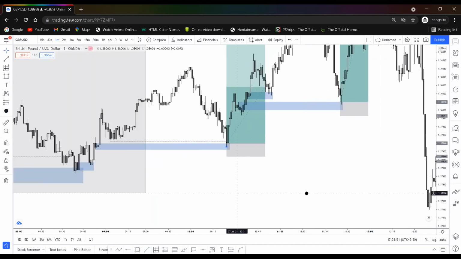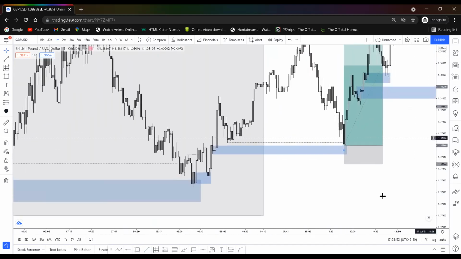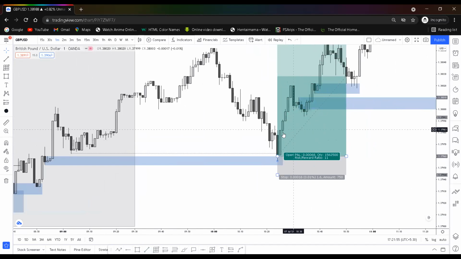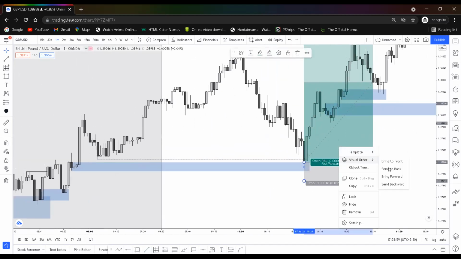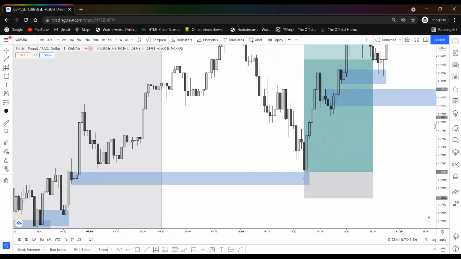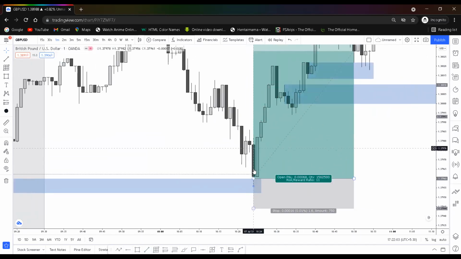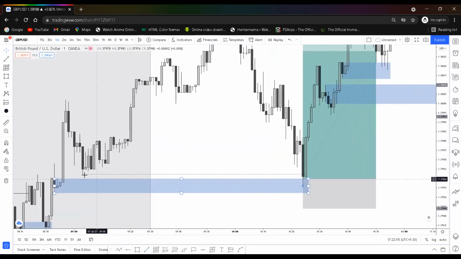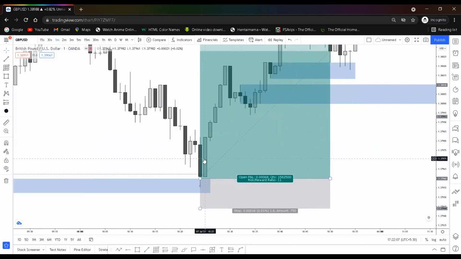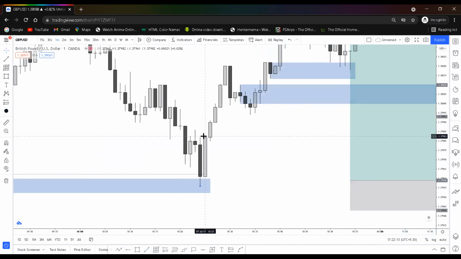So what it does is it takes out liquidity. And then what makes it a FU candle is that it comes back down and has to take out liquidity, and then the next candle has to engulf it.